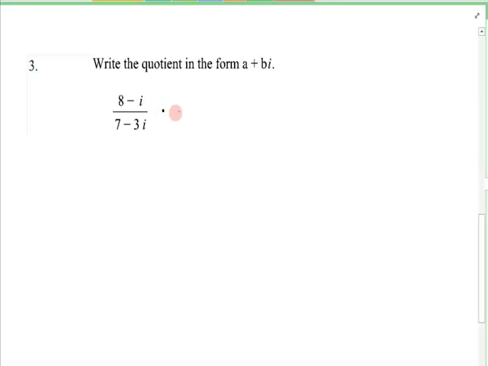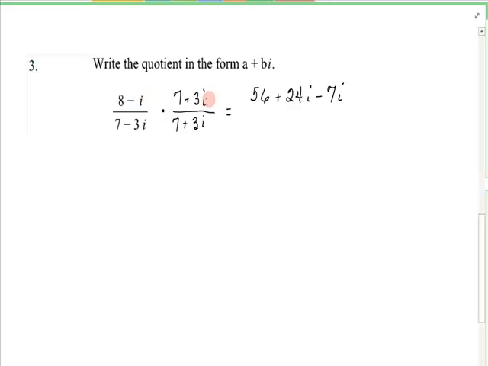All right, on this one, multiply by the conjugate of the denominator, 7 plus 3i, 7 plus 3i. Product of the first on the numerator, 8 times 7 is 56. Outer, 8 times 3i is 24i. Inner, negative i times 7 is negative 7i.